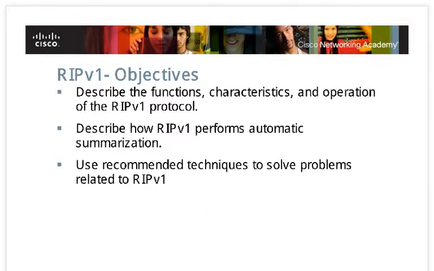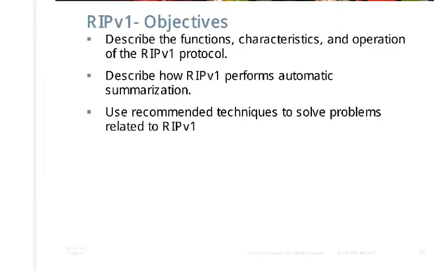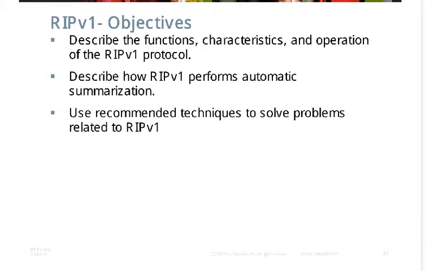So starting from here, we will start digging and discussing RIP version 1. And these are the high-level objectives. Of course, just a quick historical note. RIP version 1 has been standardized, which means that the RFC for RIP version 1 was released in 1988, around that time, late 80s.